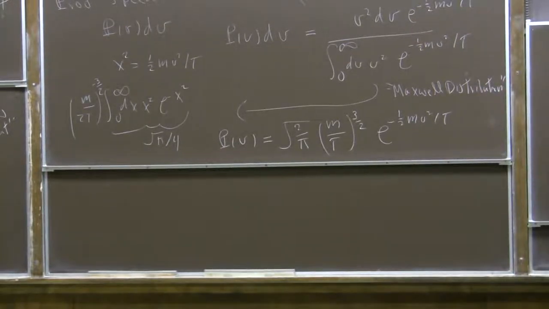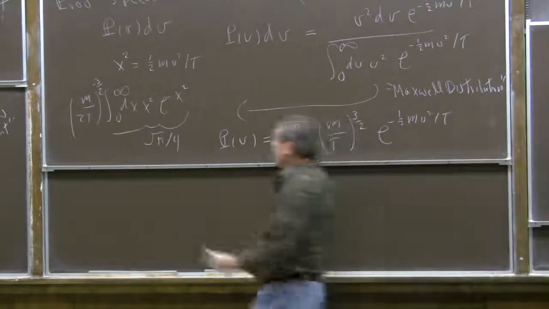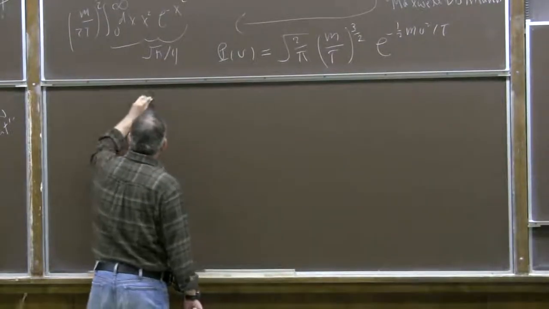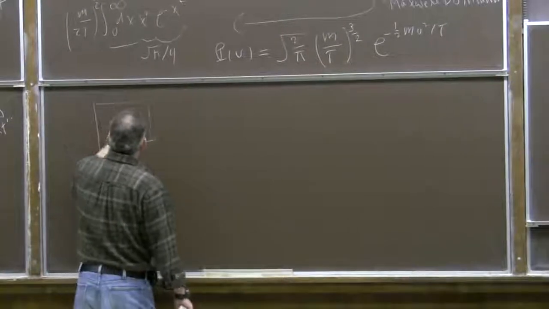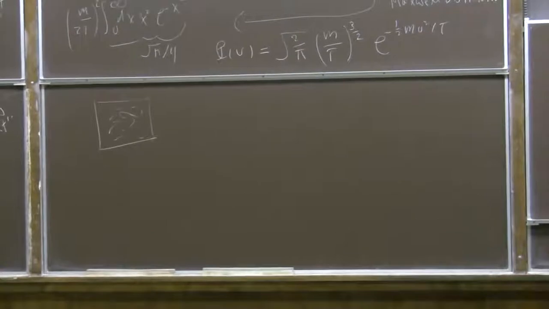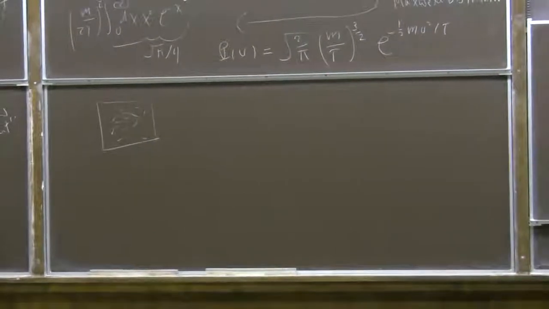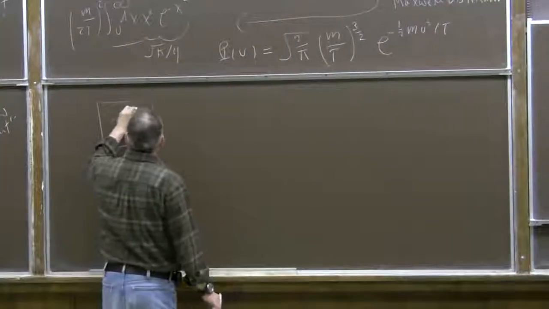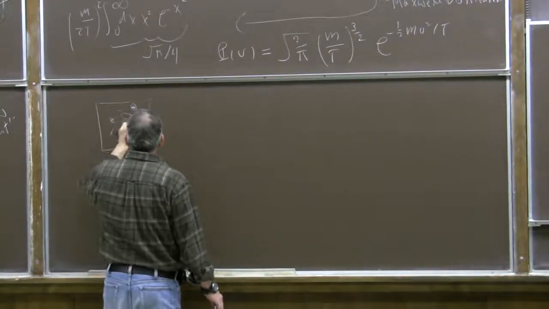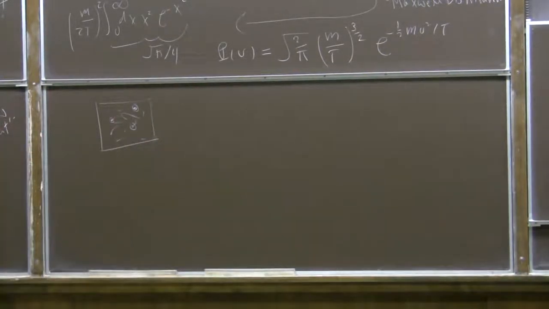So what it means is that if we have, at temperature tau, an ideal gas, and I randomly pick a particle in the gas and measure its speed, do that many times by sampling many particles, I will find them distributed according to the Maxwell distribution.